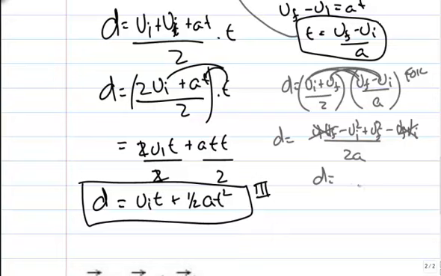So ultimately I get here D is equal to, I'm just going to rearrange these a little bit. I'm going to write VF squared first, minus VI squared, it's a little bit easier, over 2A.